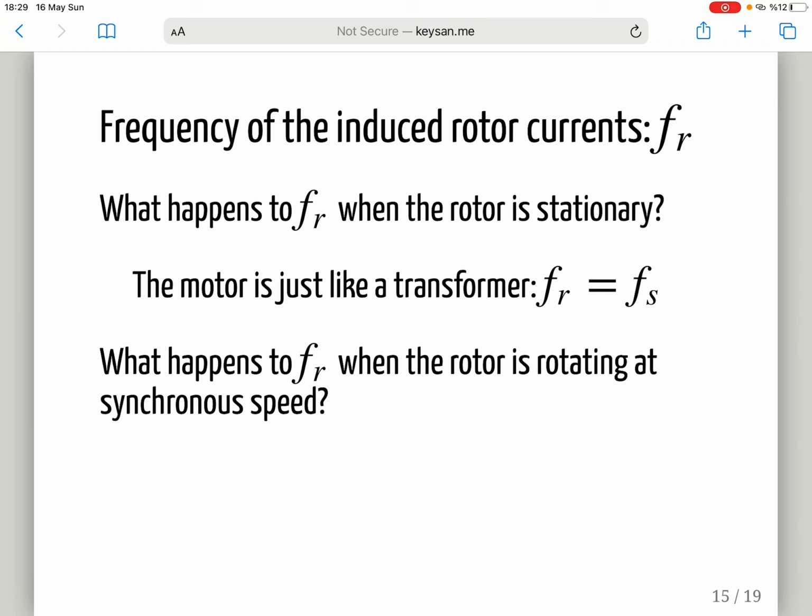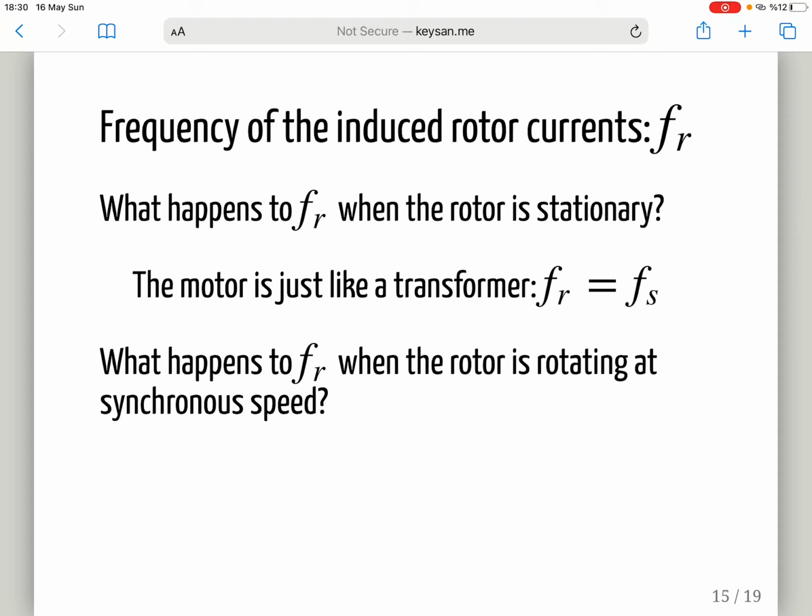So if the rotor windings don't see any varying magnetic fields, they don't create any induced voltage, and they don't have any currents, because squirrel cage induction motors are not excited by external fields. They work on the principle that first you induce some voltage, then that induced voltage creates currents.